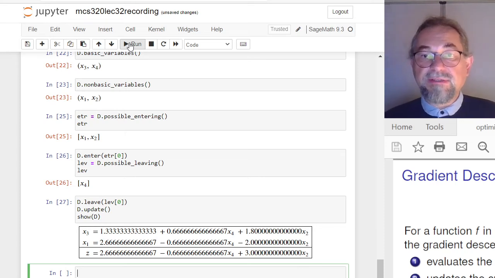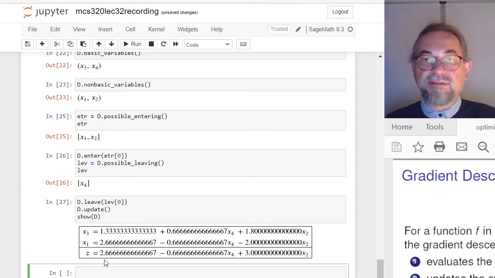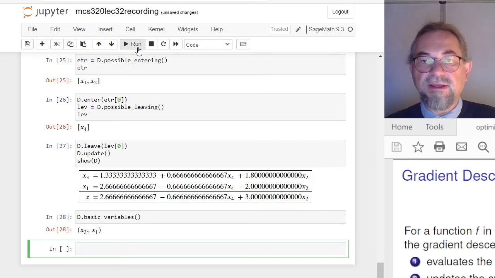So now you see that the value has increased from 0 to 2.6, and in the solution, we now have a value, so the basic variables now contain x3 and x1.